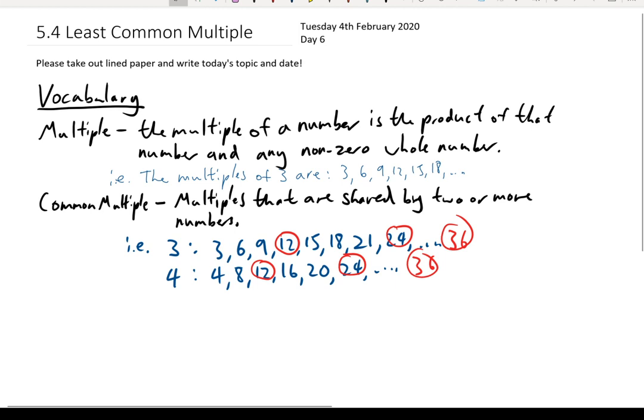And so if we put multiple, common multiple, and then we also put least common multiple, so we have least common multiple.